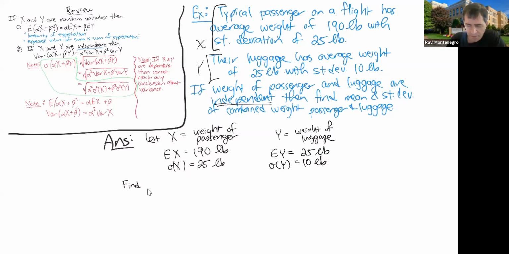Okay, so X plus Y. So we want to find Z equals X plus Y, which would mean alpha is 1 and beta is 1. Even though I don't have an alpha and beta there, you can just say they're just 1. And so as you said, we're looking for E of that.